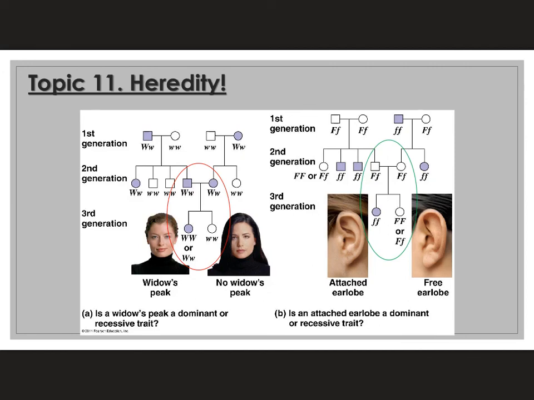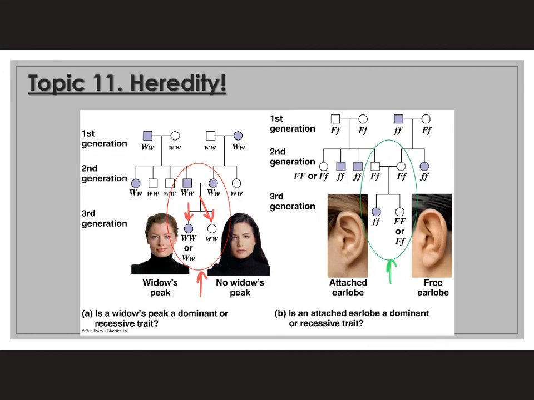So when we look at this first scenario with widow's peak, if the parents are shaded in and they have an unshaded kid, this means that the parents are definitely heterozygous. And the fact that they also have a shaded kid leads us to believe that this is a dominant trait.